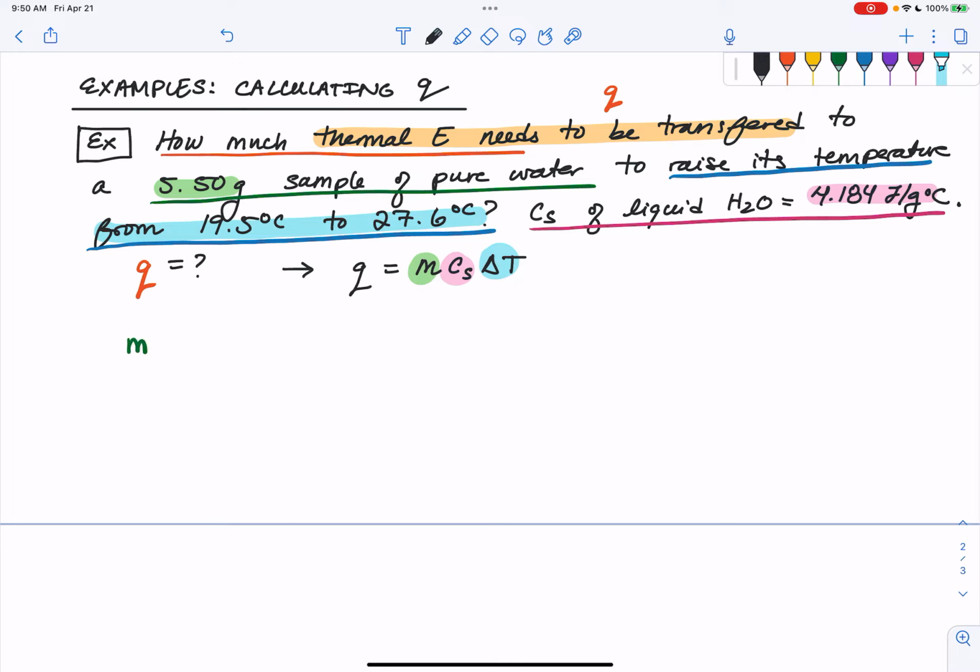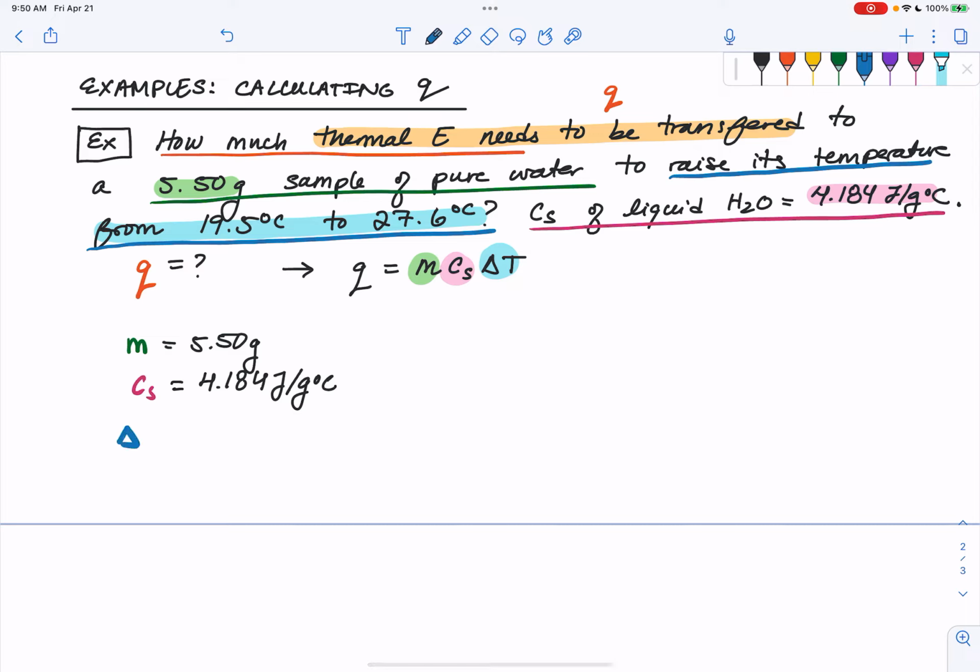So M, mass, is 5.50 grams. C, specific heat capacity, C sub S, is 4.184 joules per gram degree Celsius.